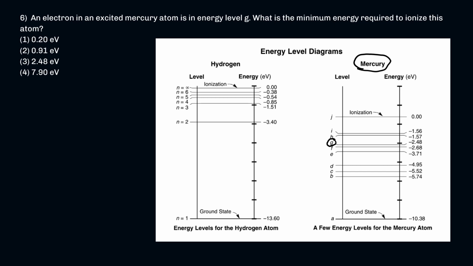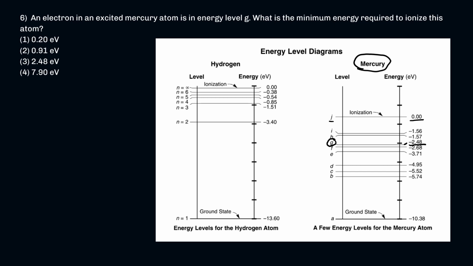So what I have to do is read across the diagram from G, and you see that it goes up a little bit here and connects with negative 2.48 electron volts. Then all you want to do is go from G to ionization, which is level J, essentially looking for the difference in the energy. Since level J is 0, all I'm doing is negative 2.48.